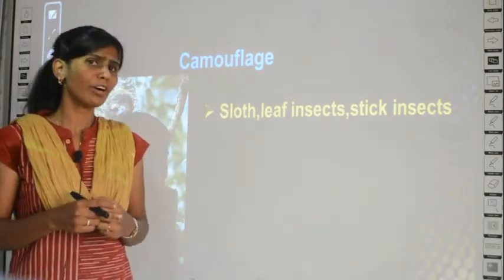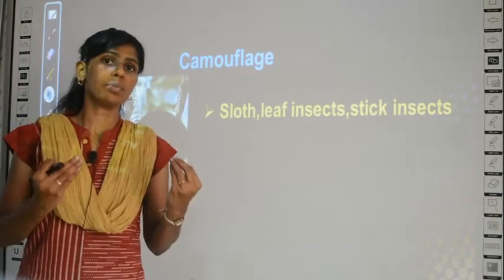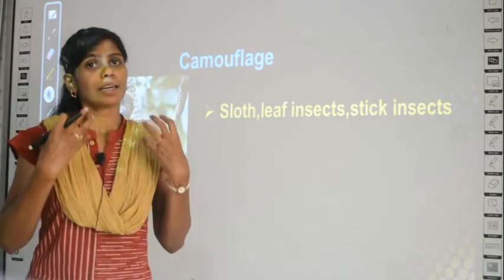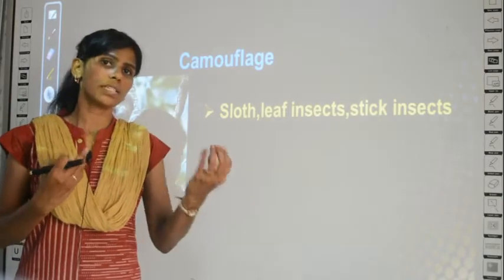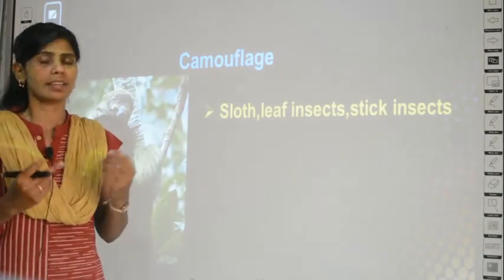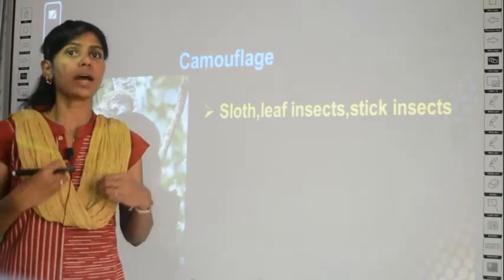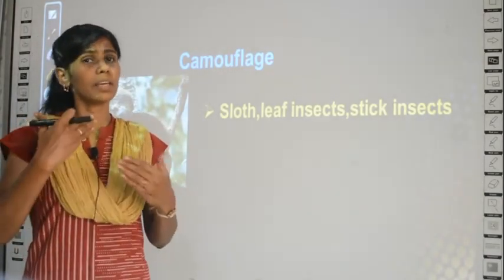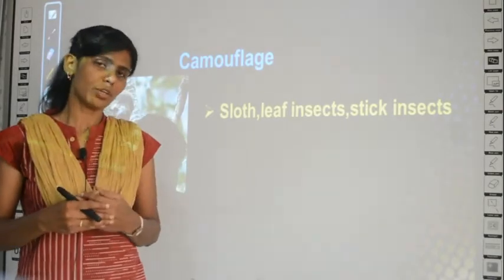What is this camouflage? See, some animals and insects will resemble the color of their environment. For example, certain insects appear like a stick. There is an insect called the stick insect which will appear like a stick itself. It will have the same color. It will be camouflaged with the environment.